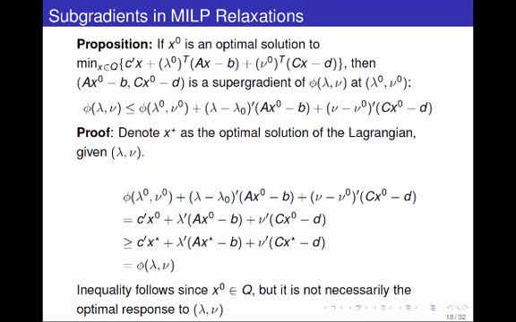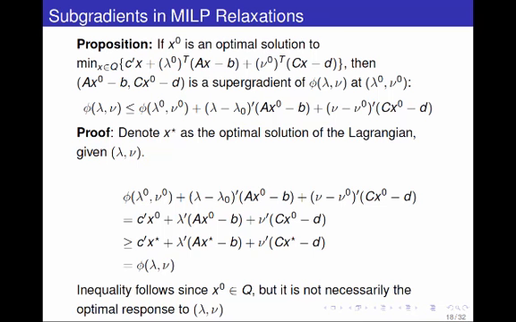The way you evaluate the dual function is by solving this optimization problem here: minimize over x in Q the Lagrangian function at lambda 0, nu 0. Suppose you solve this problem for x, you get a certain x0. If you plug that x0 into the relaxed constraints, that's a subgradient of the dual function.